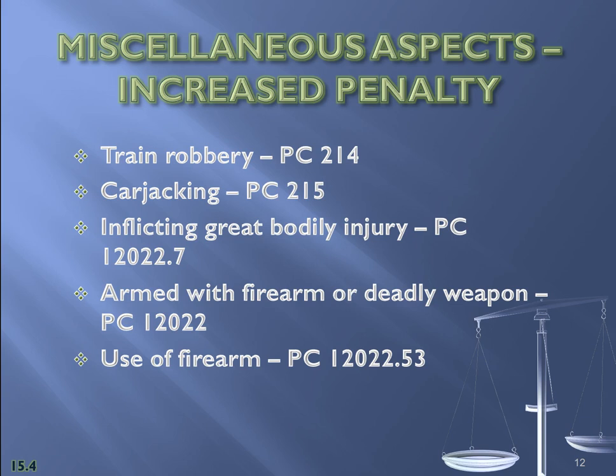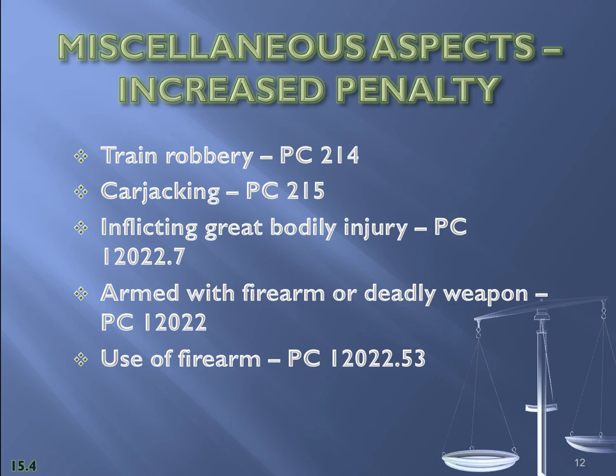So you have to think about this. Could that be why, when you have individuals that go into banks or other stores, they might use a note that says, this is a robbery, I have a bomb, or something like that, and they don't use a firearm, or they use a replica firearm?